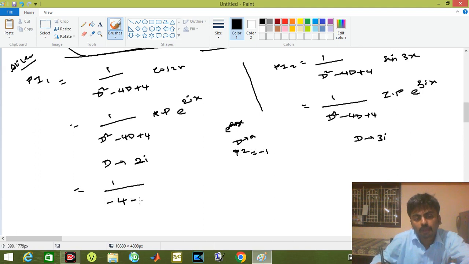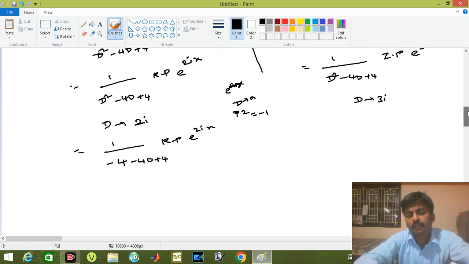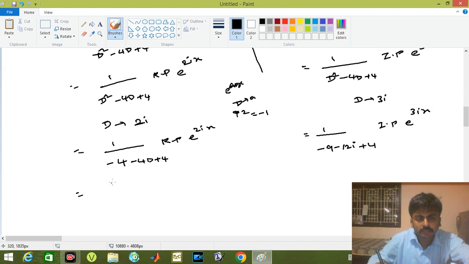Okay, so minus 4 minus 4D plus 4 into real part of e power 2ix, then here you will get 1 divided by 9 is minus 9, then minus 12i, then plus 4 into imaginary part of e power 3ix. Here also there is a mistake.